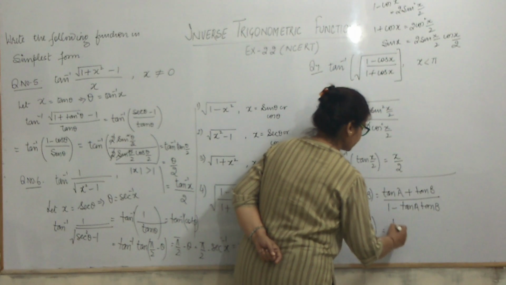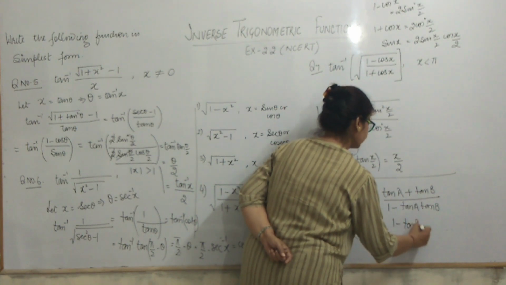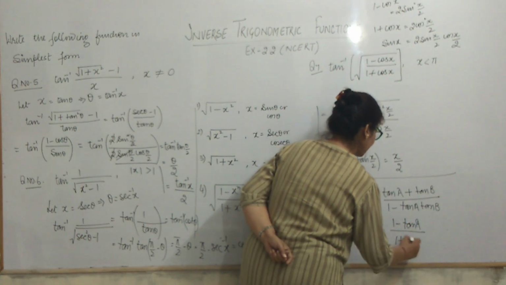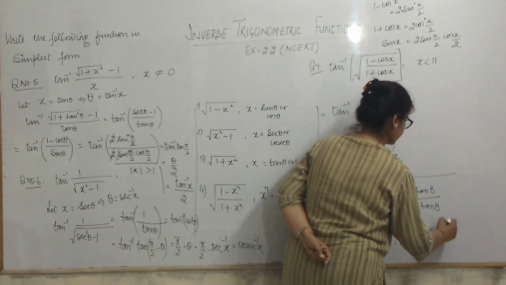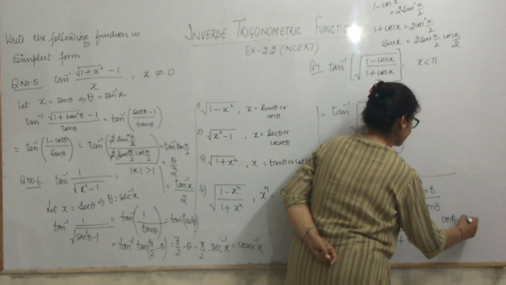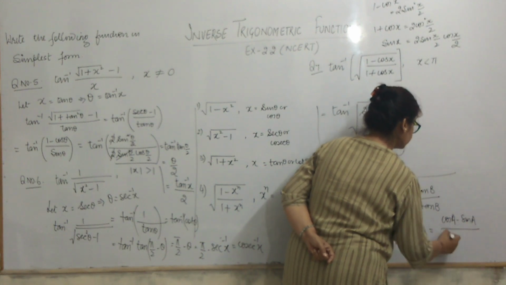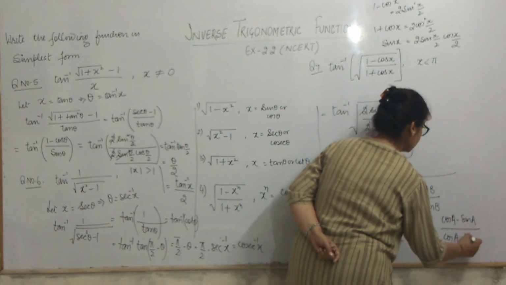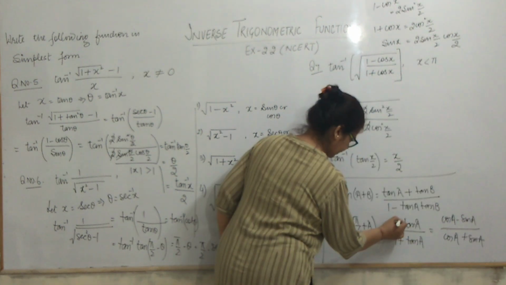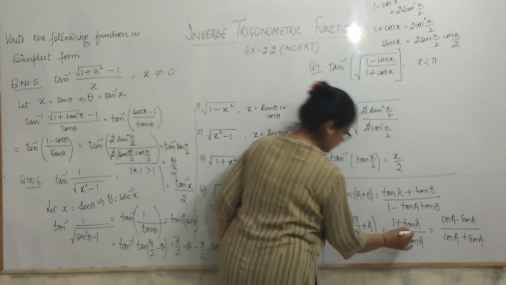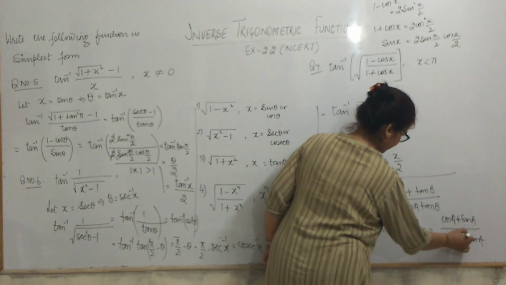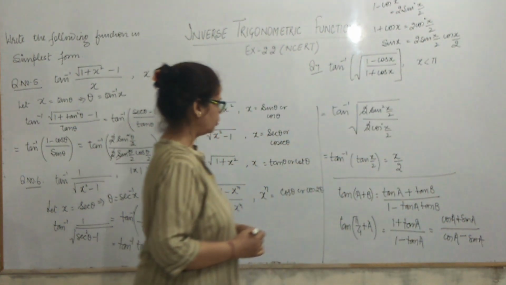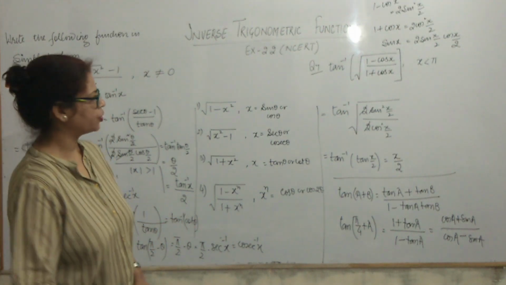That means 1 plus tan a upon 1 minus tan a. On simplifying we get cos A plus sin A upon cos A minus sin A. Make a correction here: this is plus and this is minus. Plus and minus, right? So, moving to the next question. Question number 8.